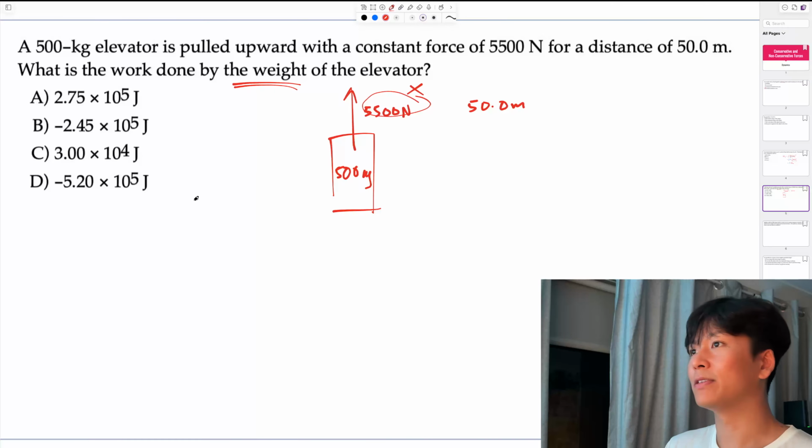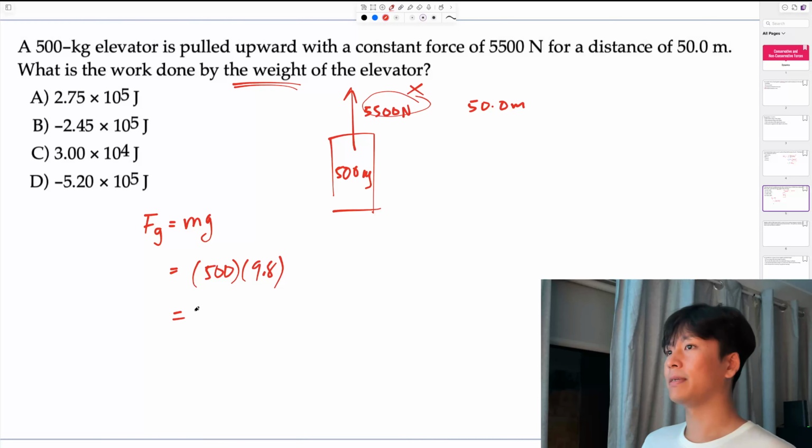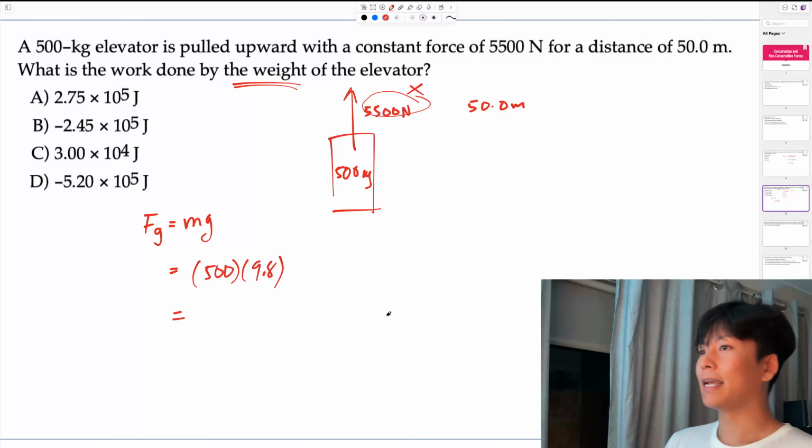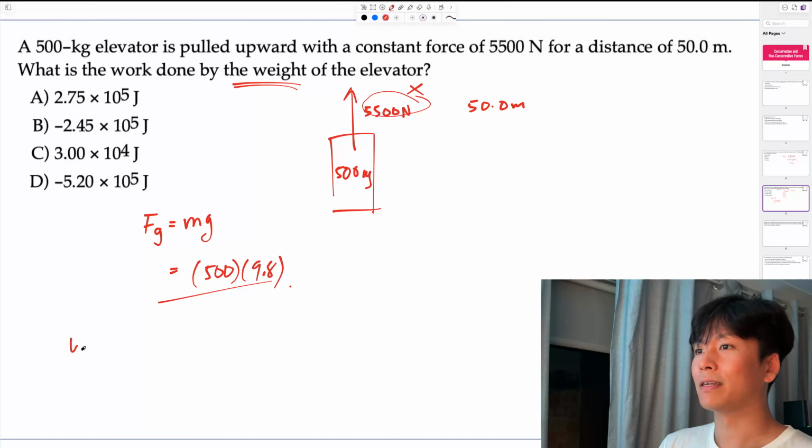The first thing I have to do is, of course, calculate the weight force. That's equal to mg. Mass is 500 kilograms. g is 9.8. So that gives me some amount, and I will calculate this at the end. And then they want the work done, right? So work done by gravity is equal to Fg dot product with the displacement.